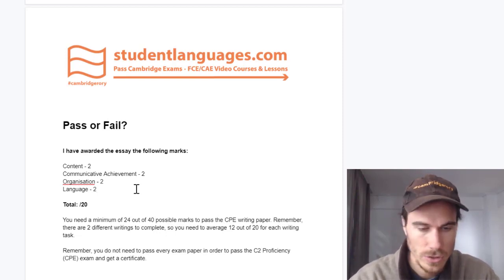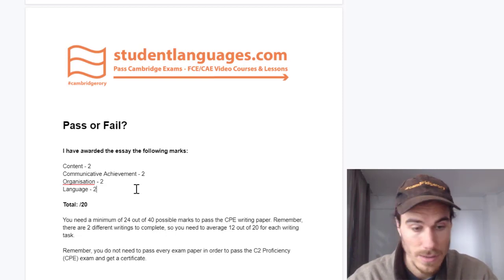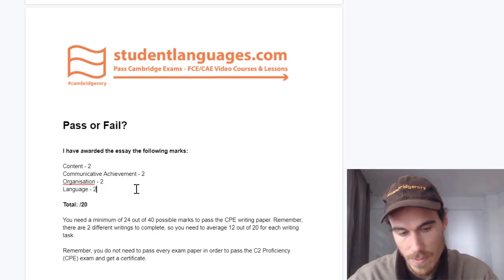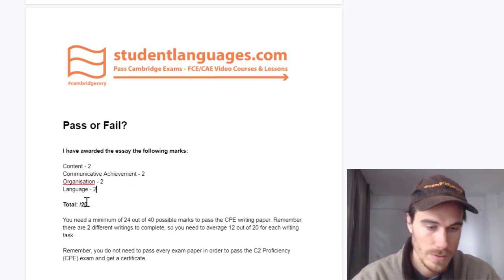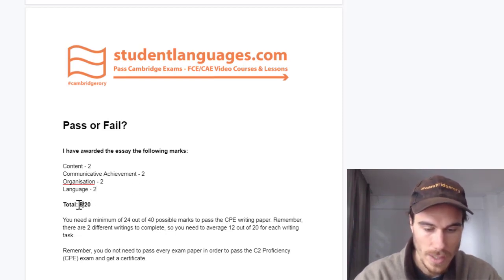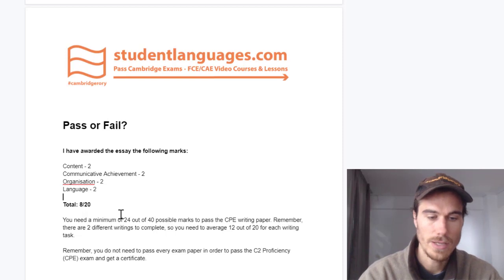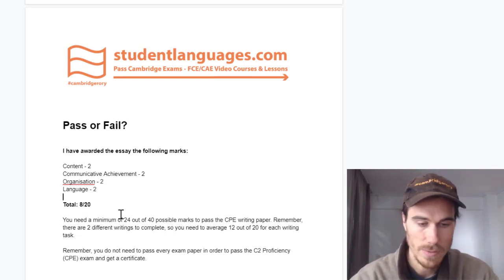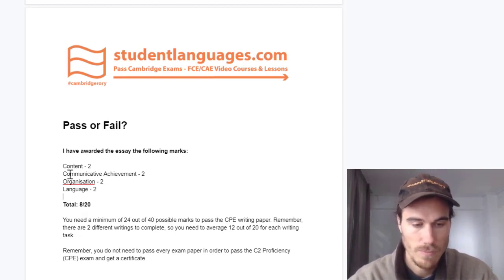And with language, addressing this thing about singulars and plurals would make a big difference. So even though it looks like quite a low mark, I don't think it would take too much to increase it considerably. Just bump each of these up by one, and then you're passing.